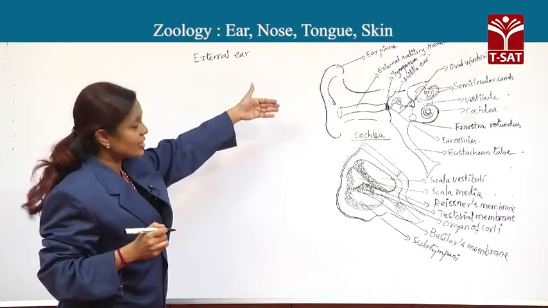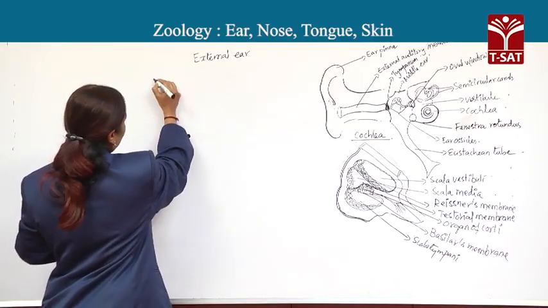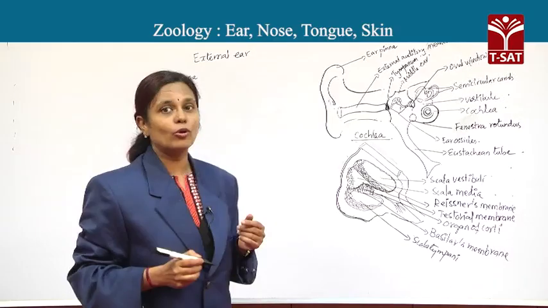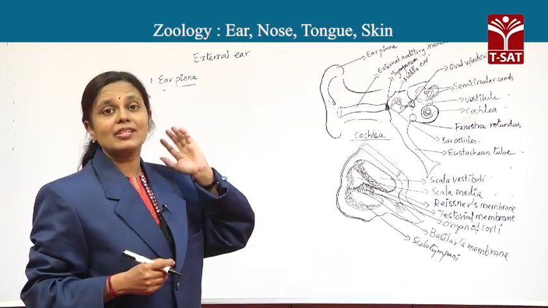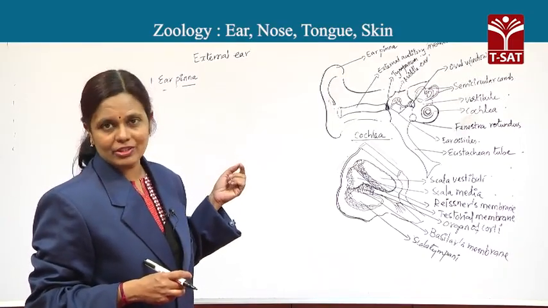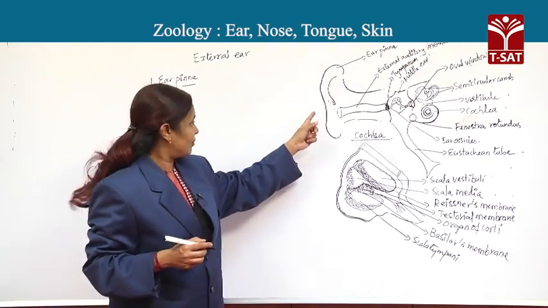As we already discussed, the external ear has three parts. Number one, ear pinna, a lobe-like structure specialized in receiving sound vibrations from the air. Now, what is it made of?